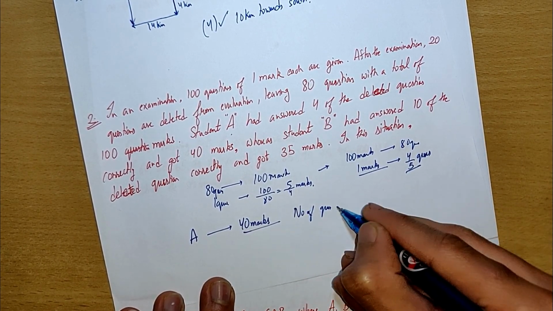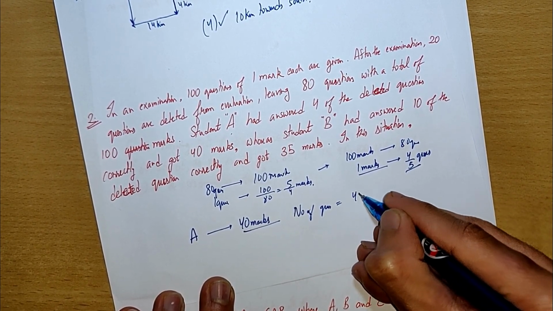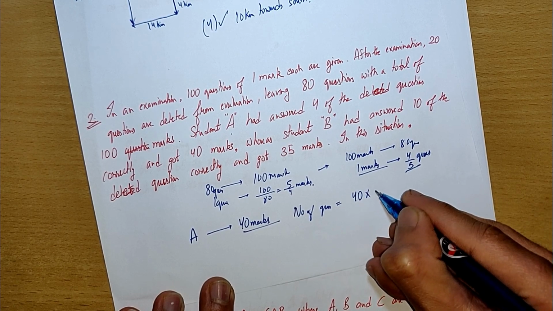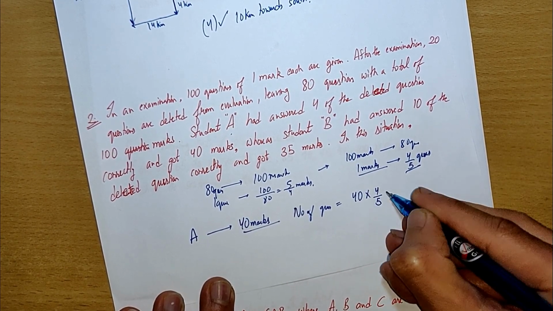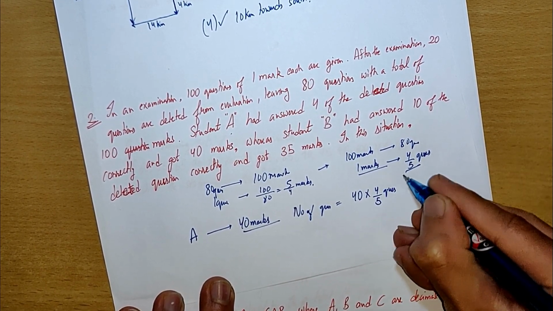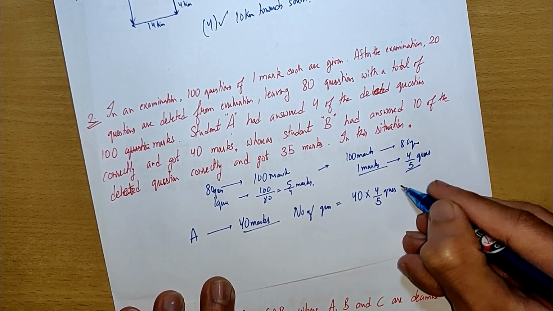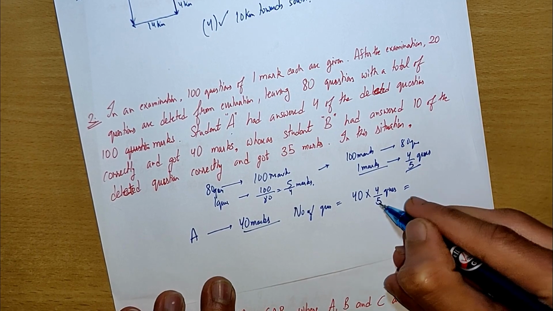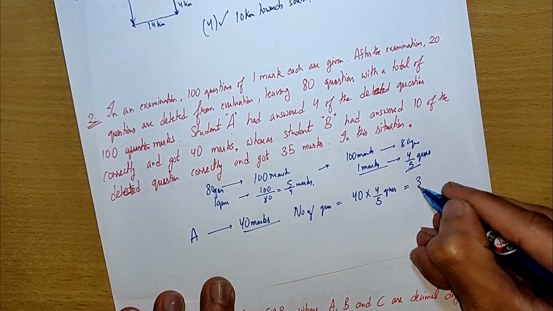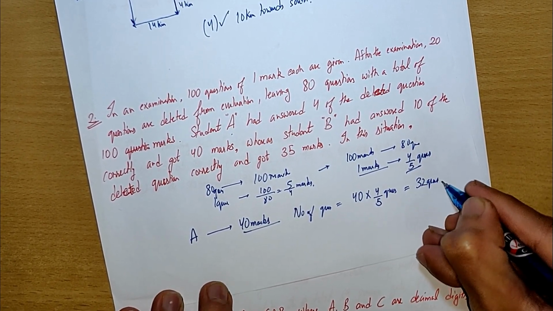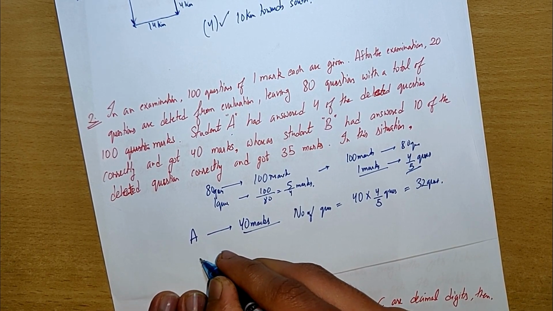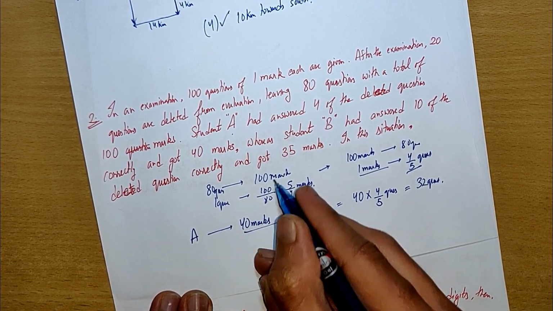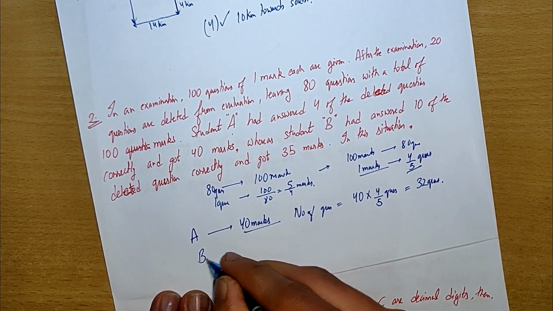So the number of questions done correctly by A would be 40 into 4 by 5 questions. So it would be 8, 8 fours, 32 questions. And similarly for B, it is given that he got 35 marks.